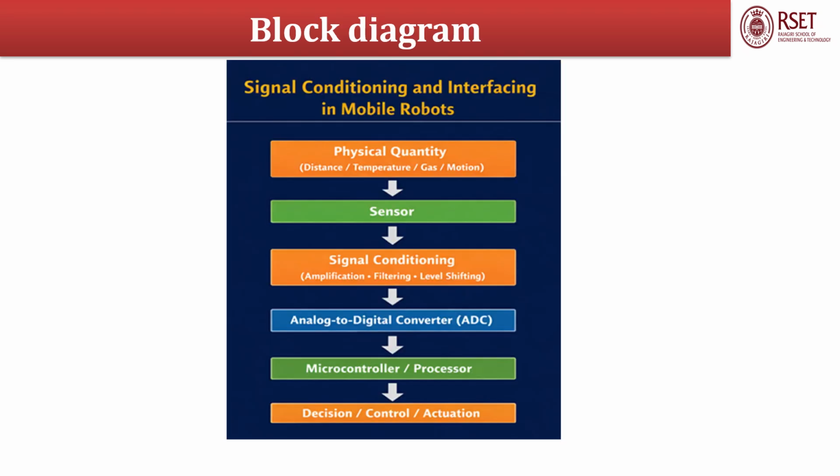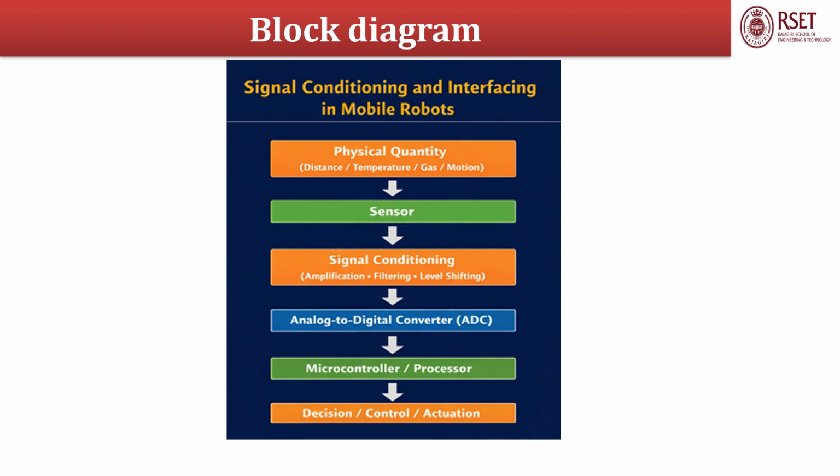Now we'll see the typical block diagram of perception plus sensors. This block diagram shows the basic flow of sensor data in a mobile robot. A physical quantity from the environment is first sensed by the sensor, which converts it into an electrical signal.